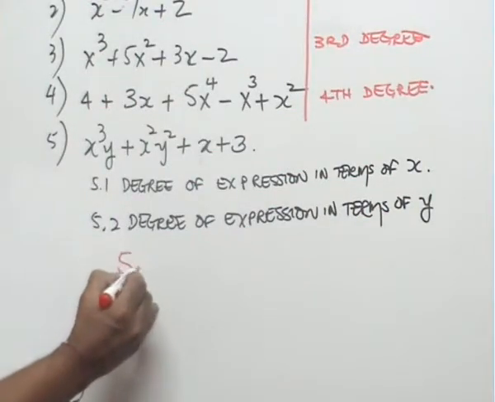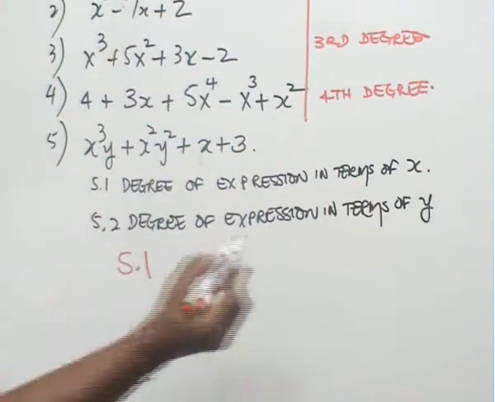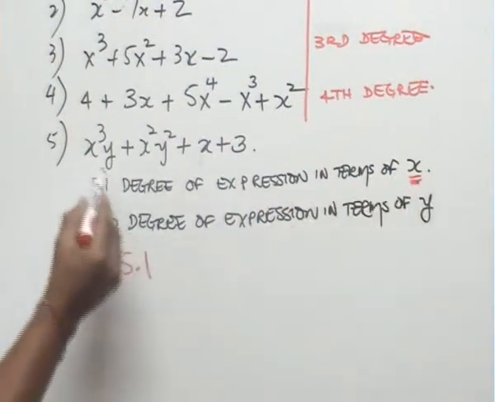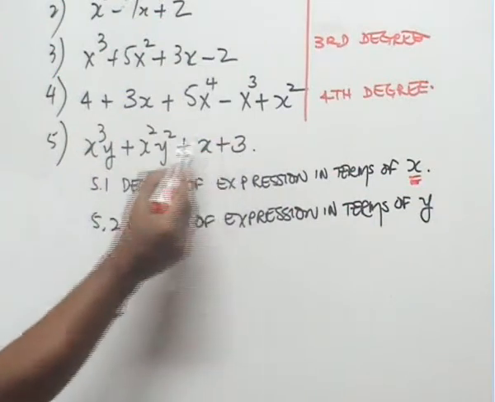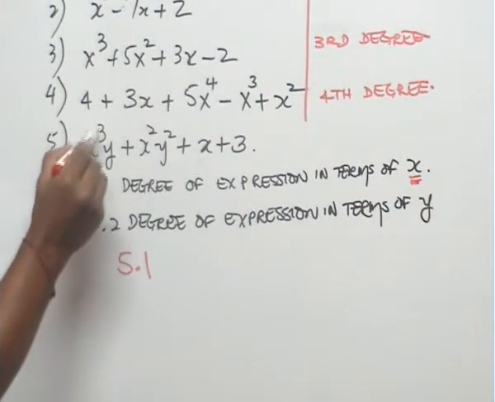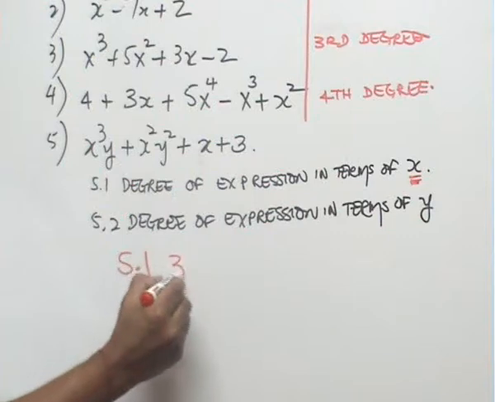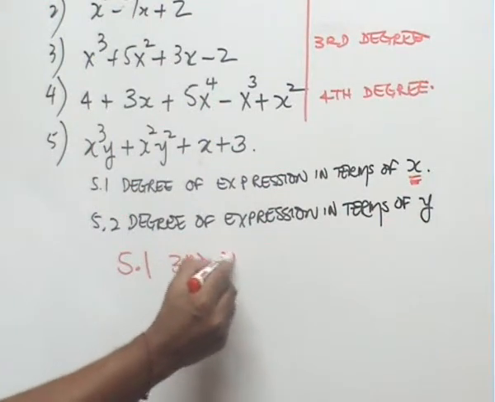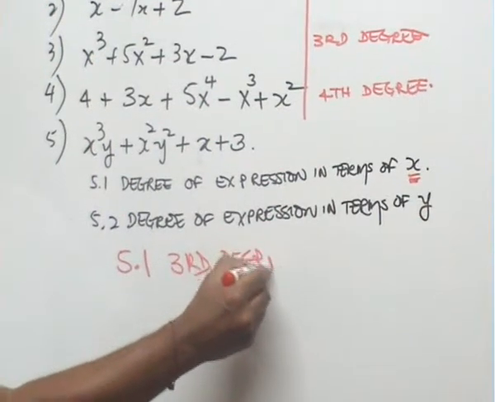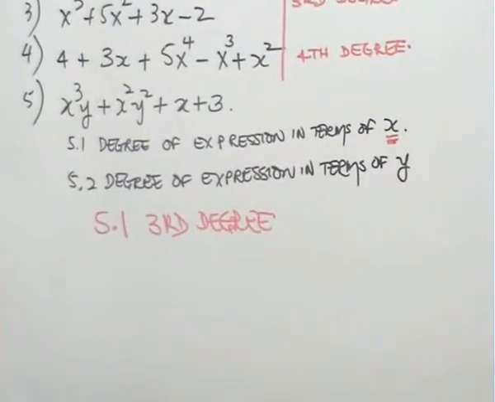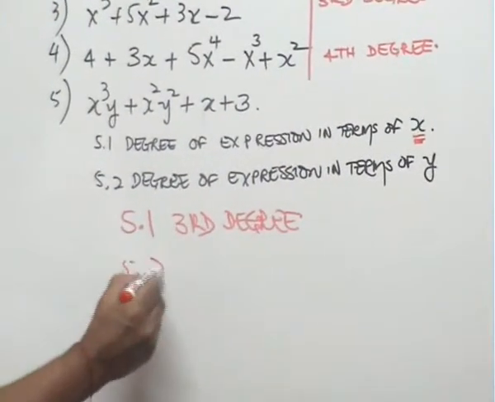So we go to 5.1. We want the answer in terms of x. So we study all the x's and we see what is the highest index for x. In terms of x it is third degree. 5.2.